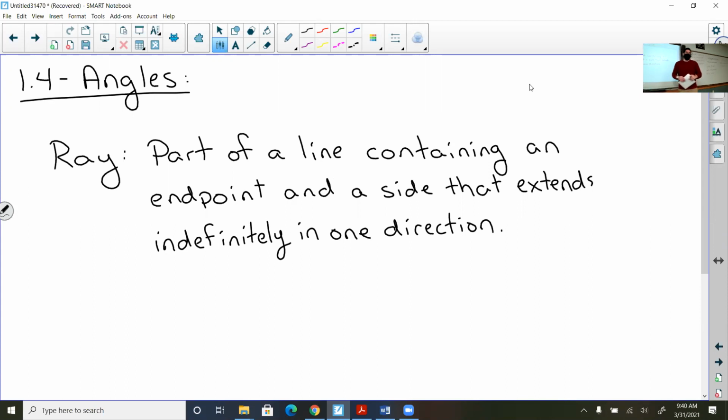So again, if you had a line that goes on forever in both directions and you cut the end off, it would then form a ray.